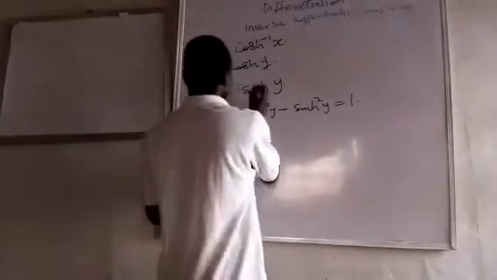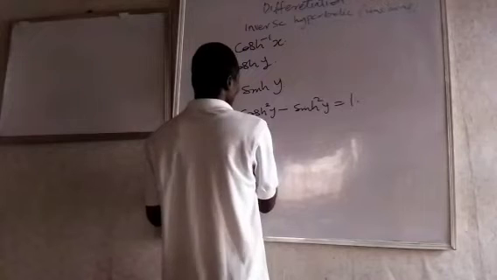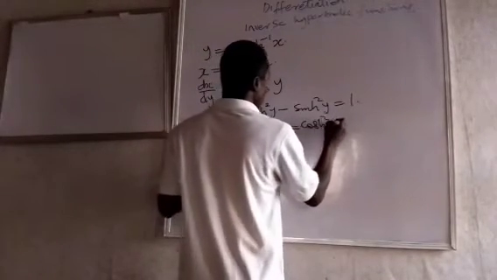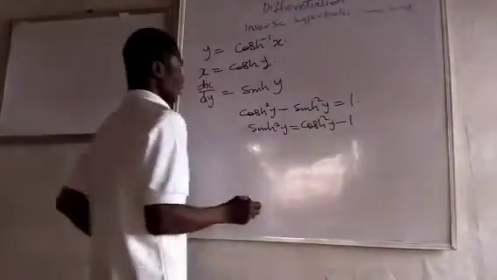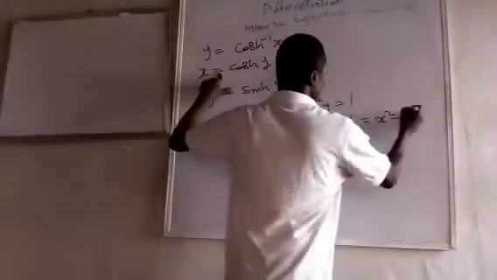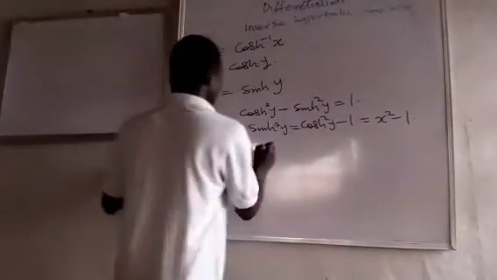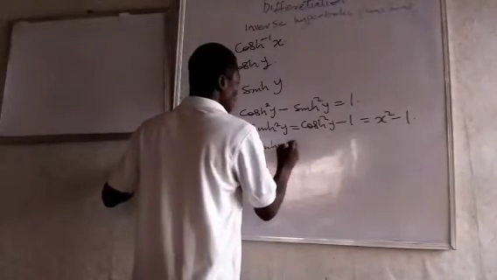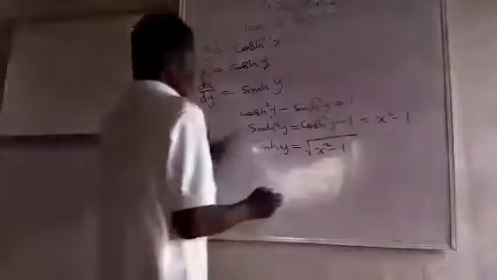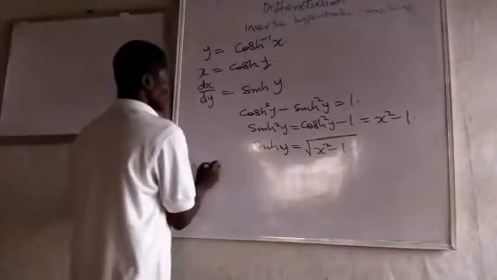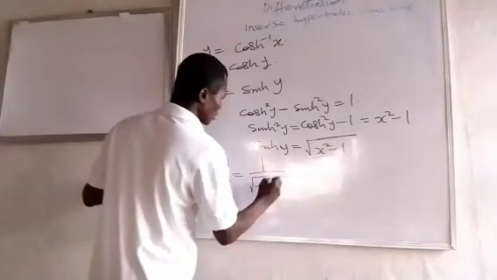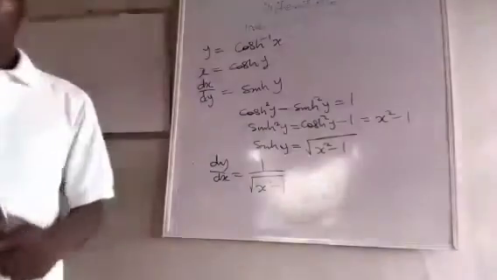So sin square y is equal to cos square y minus 1. You get that? And we know that cos is x. So it is x squared minus 1. So sin y is equal to square root of x squared minus 1. Therefore, dy dx is equal to 1 over square root x squared minus 1. Simple and straightforward.